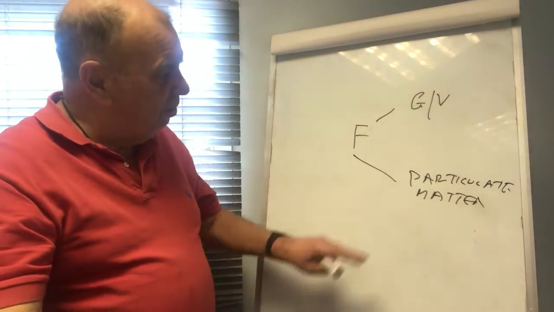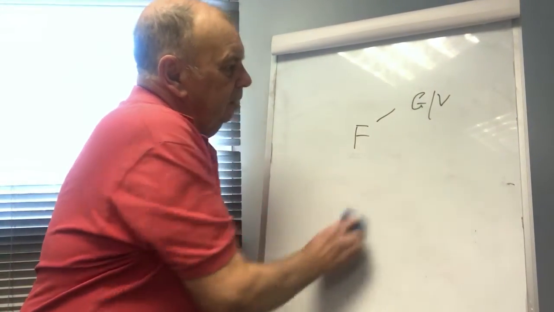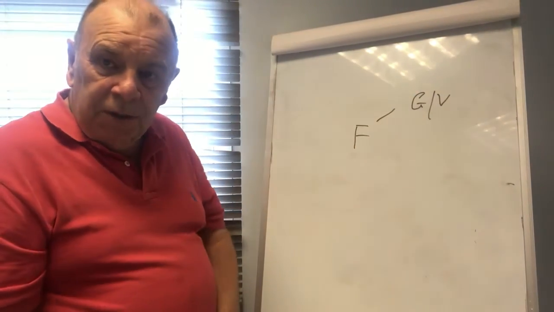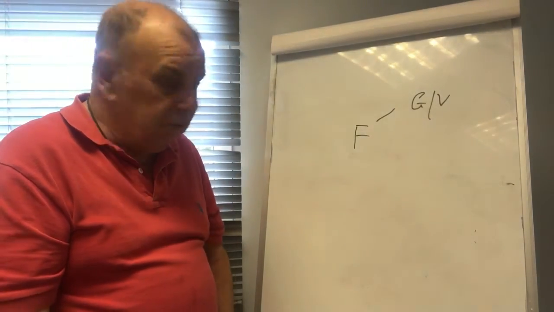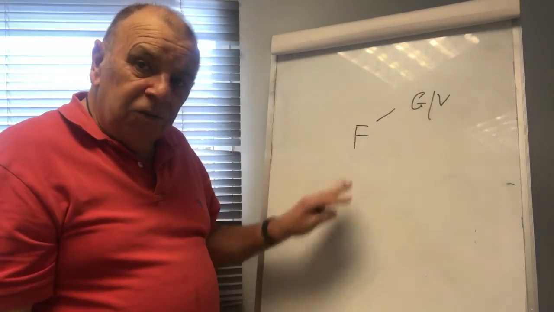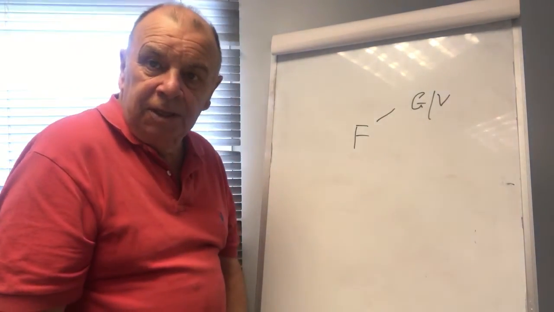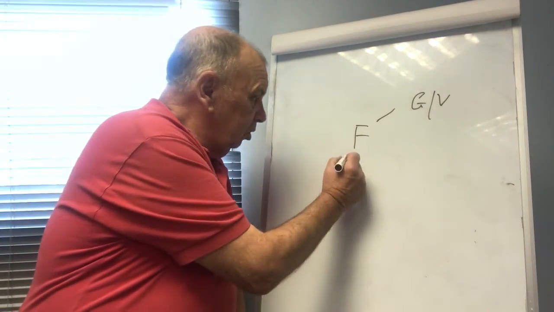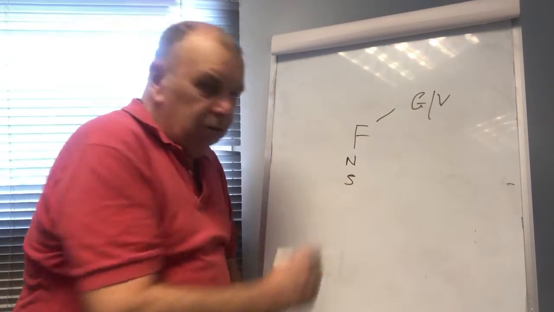Let's look at these gases next. When you burn fossil fuels, the fossil fuel also contains impurities, such as nitrogen and sulfur.